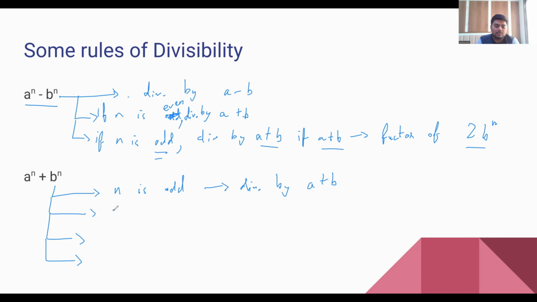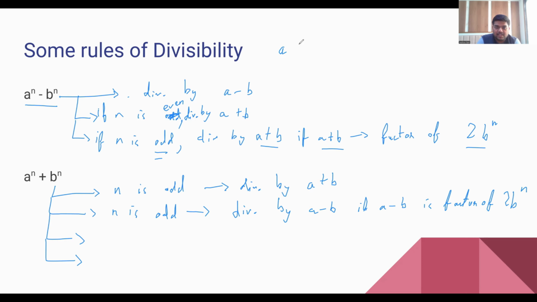When n is odd, then divisible by a minus b if a minus b is a factor of 2b to the power n.